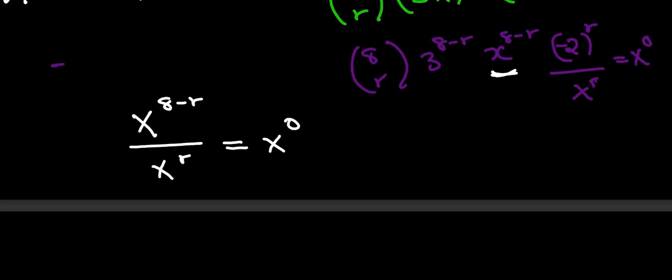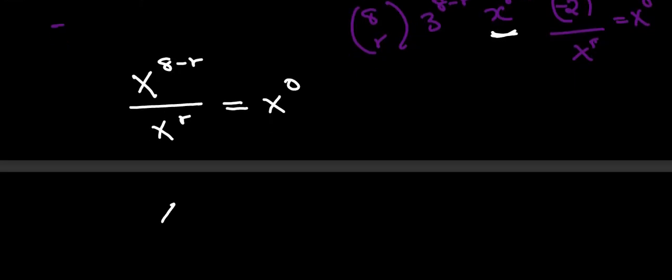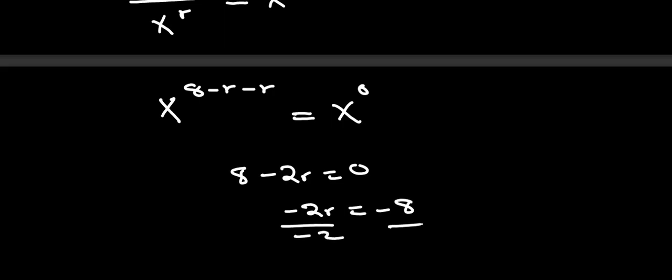Then the bases are the same, meaning the powers are going to subtract. So you have 8 minus r minus r is equal to 0. Then 8 minus 2r is equal to 0. Negative 2r is equal to negative 8. Divide by negative 2, meaning your r is equal to 4.